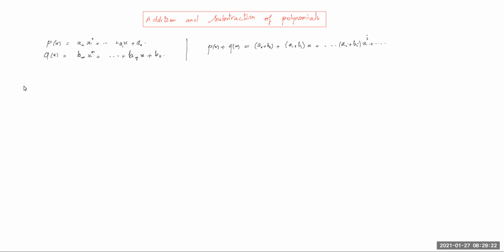The first one is simplifying this expression. So let's write simplify.